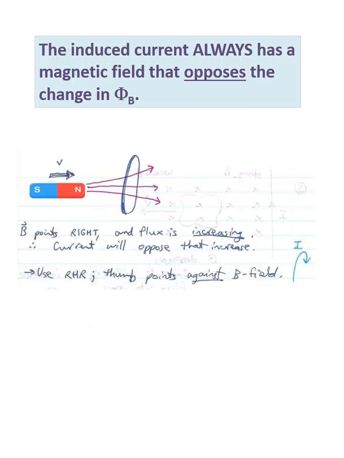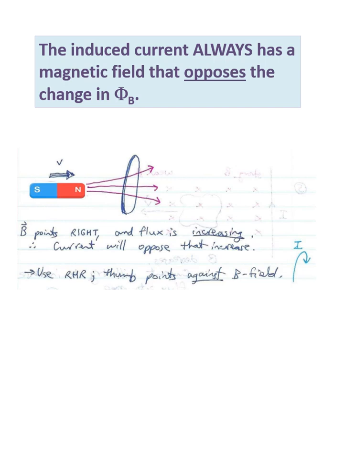Now, for example, let's take this wire loop, and we've got a magnet. We're going to move the magnet towards it, and you can see the direction of my magnetic field lines. They come from the North Pole, and I'm not drawing the rest of the field lines for this picture. You know, they curl back around towards the south, but we're interested here in the magnetic field lines that go through the loop.